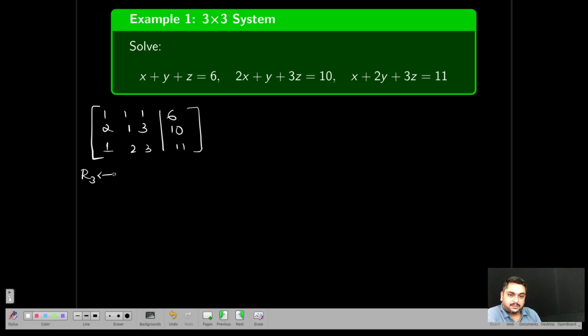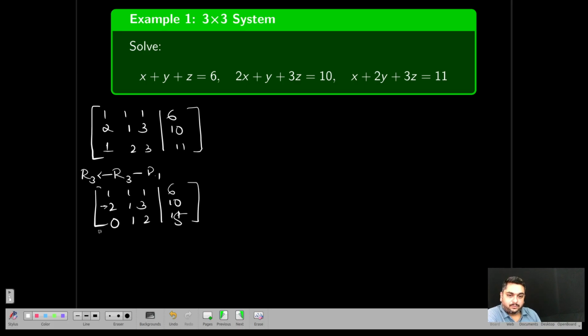We try to make zeros below this. So R3 is R3 minus R1. This will become 1 1 1 6, and 0 1 2 1, since 7 minus 6 is 1.